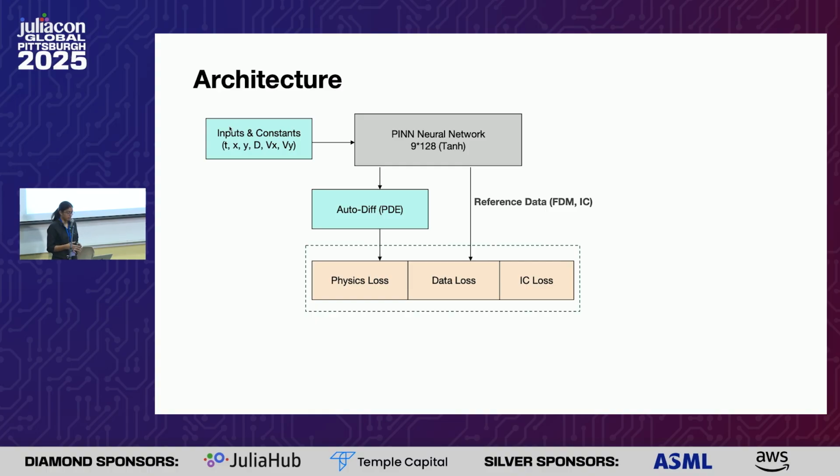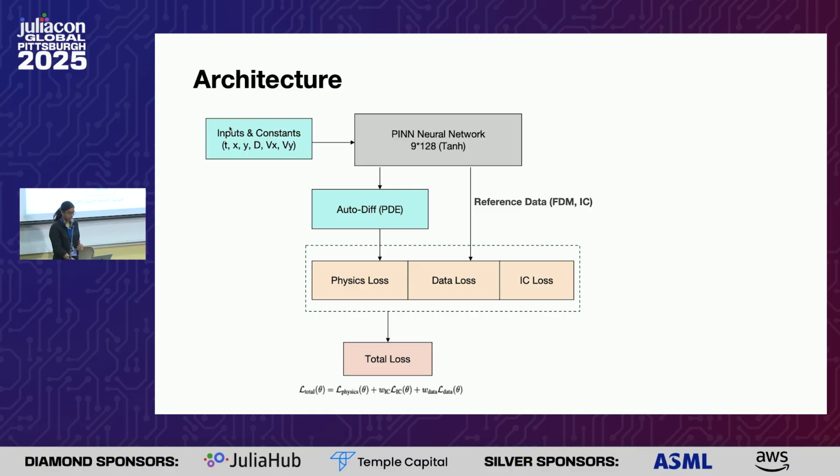We also compare the prediction to our reference data, which gives us the data loss, and a heavily weighted initial condition loss. These three components are combined into a total loss, and this single number tells us how wrong the network currently is.